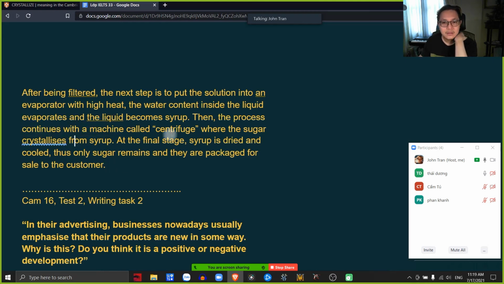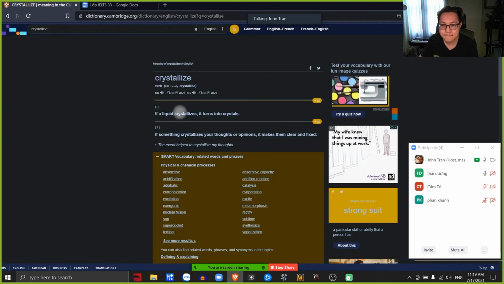No. Where the sugar crystallized. Được hóa thành tinh thể, I think. Where the sugar is crystallized from syrup. I think the sugar cannot crystallize itself. It must be crystallized, I think. When the sugar is crystallized from syrup. But let me check it out.